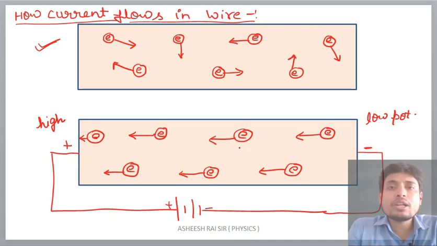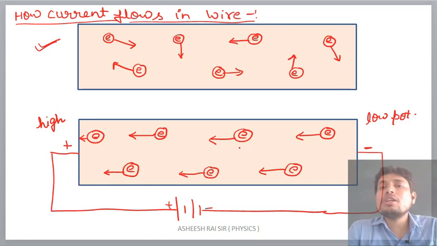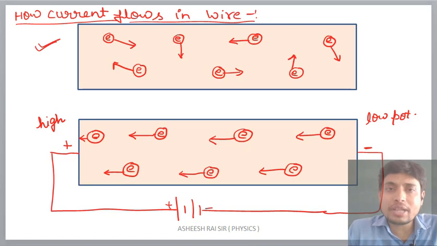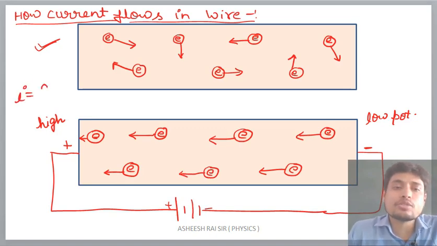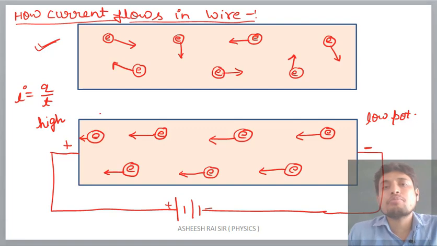But when we connect the cell or battery along the conductor, the battery forces all the charges to move along the same direction, and due to the movement of all the charges in the same direction, the net amount of current is made, and that current is measured by the formula I is equal to Q upon T. If in time t, Q amount of charge is flowing, then I is equal to Q by T will be the amount of current in the conductor.